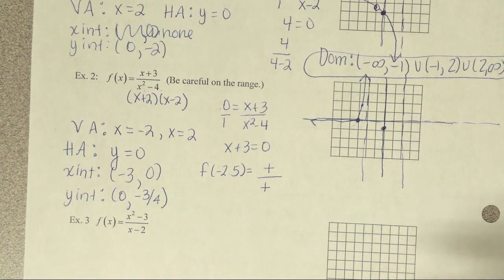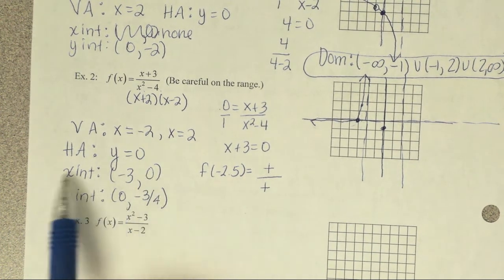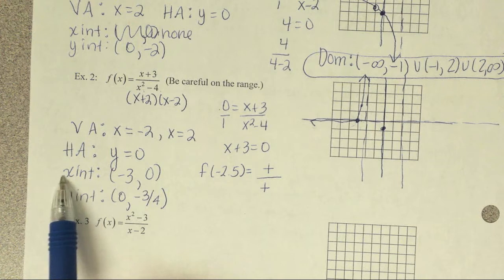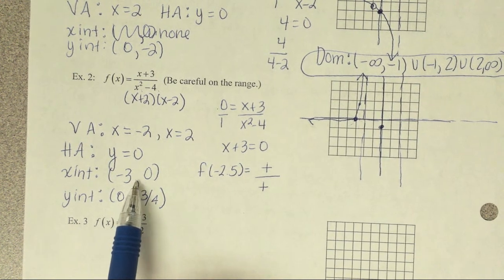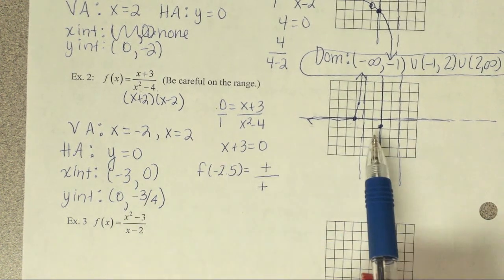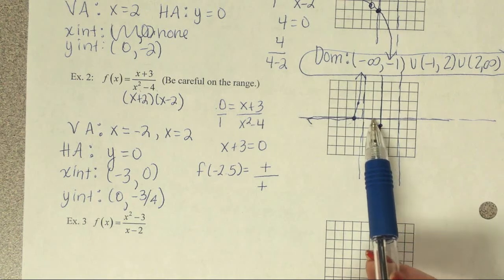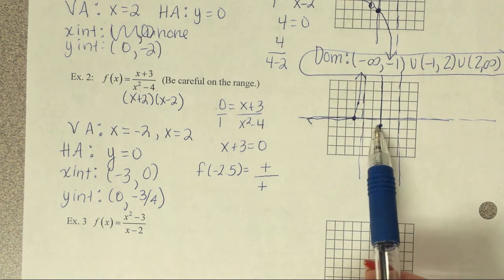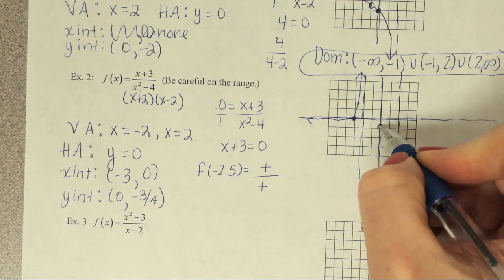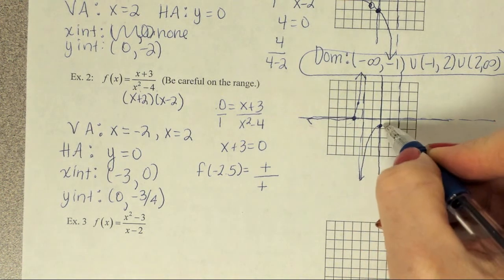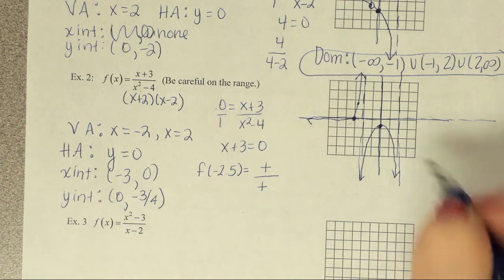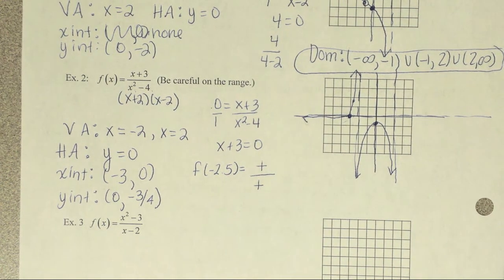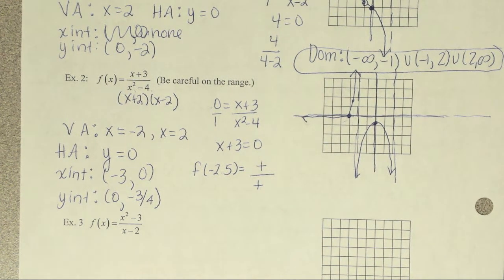It has to do with this, guys. There's only one x-intercept. So if there's only one x-intercept, can it go up like this? No, because there's no more x-intercepts. There's just that one. So I know it has to go down like this. And this is going to have to go down like this, because there's no other x-intercepts.